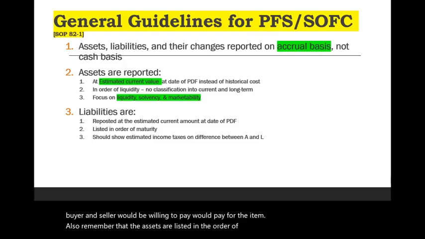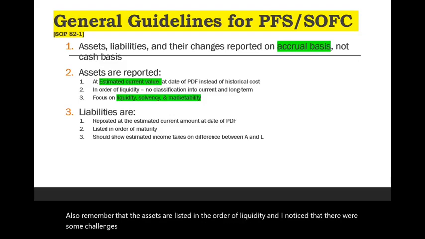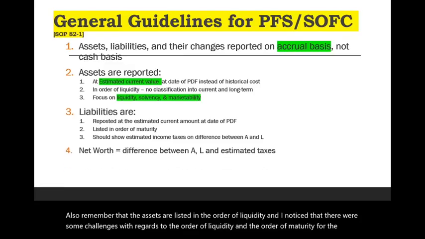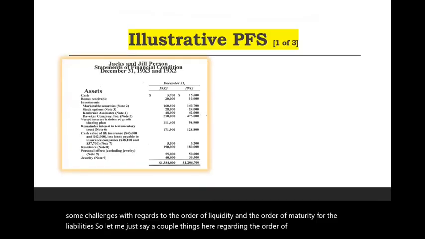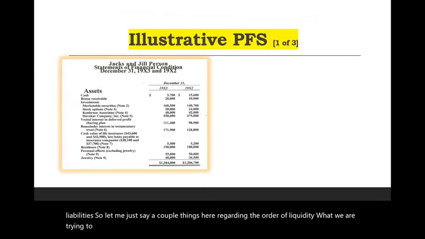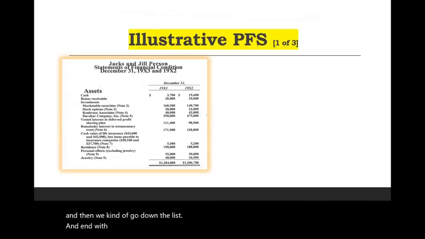I noticed that there were some challenges with regards to the order of liquidity and the order of maturity for the liabilities. So let me say a couple of things regarding the order of liquidity. What we are trying to do is list the assets, putting the most liquid at the top, then go down the list and end with the least liquid.